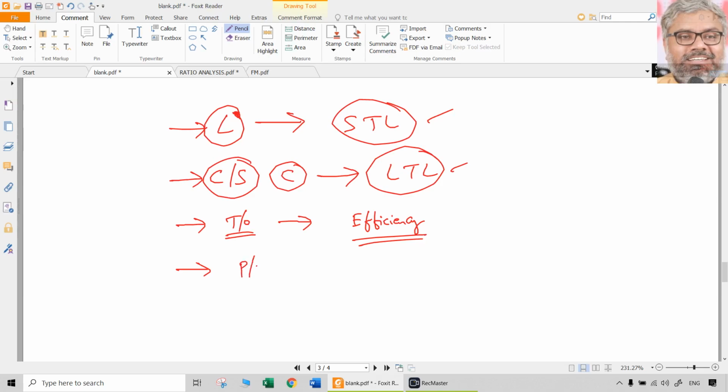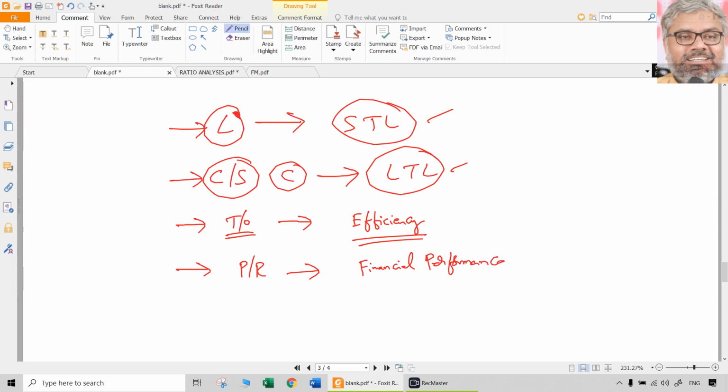Coming to the profitability ratios, of course, internal management will be interested because they want to know their profitability, and not only that, the potential investors also will be interested in the profitability ratios. Why? Because they will be interested in the financial performance. Profitability ratios are the right and straight indicators of the financial performance of the organization.